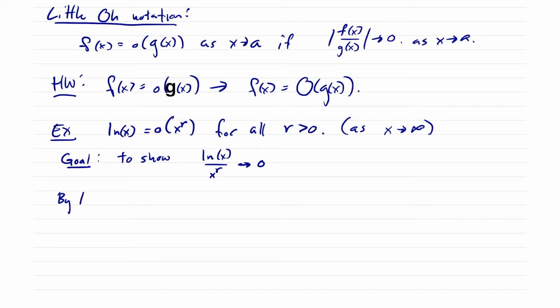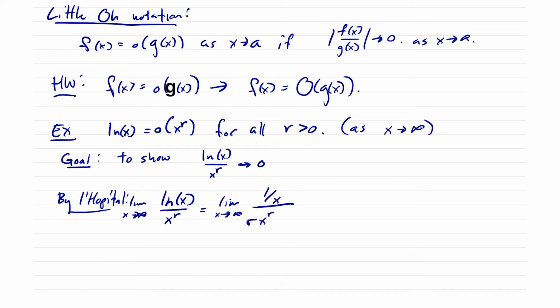Let's say by L'Hopital, the limit of ln of x divided by x to the r is equal to the limit, as x goes to infinity, of the derivatives of the two: 1 over x divided by r times x to the r minus 1.